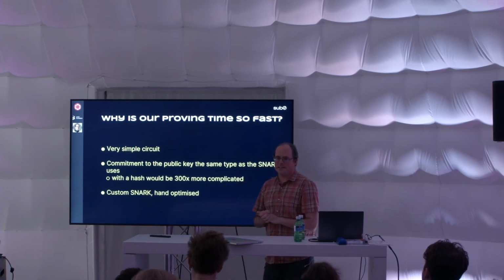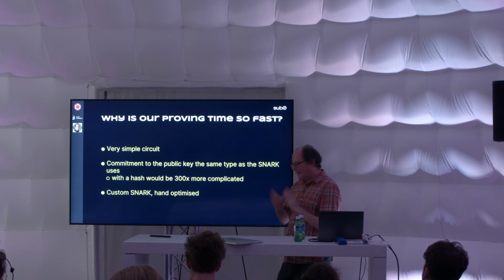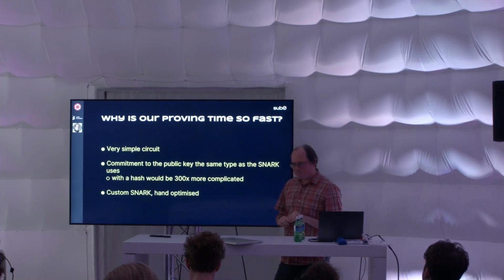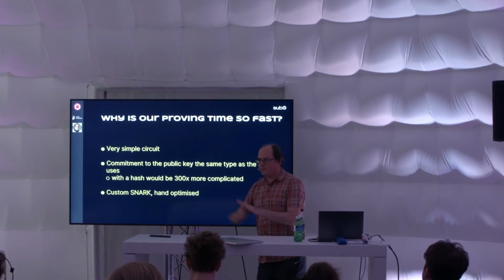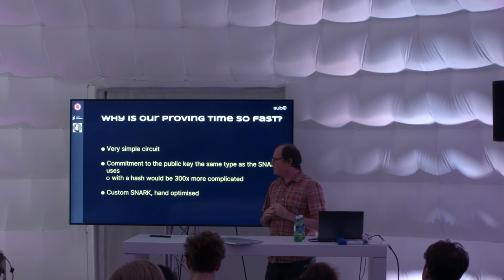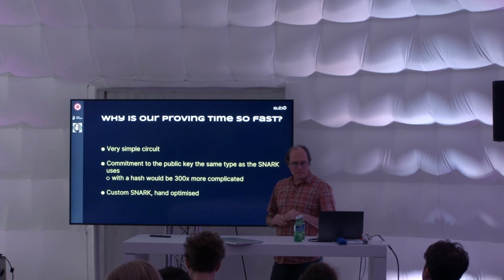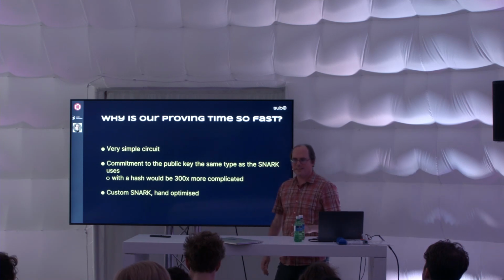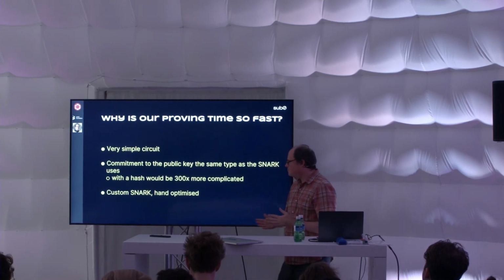This is where we are with ZK SNARKs. You want to be fast, you've got to do hand optimization in these weird arithmetic circuits. Avoid binary operations and other stuff you might be used to. But if you do that, we can be fast, and we can be fast enough for this application.